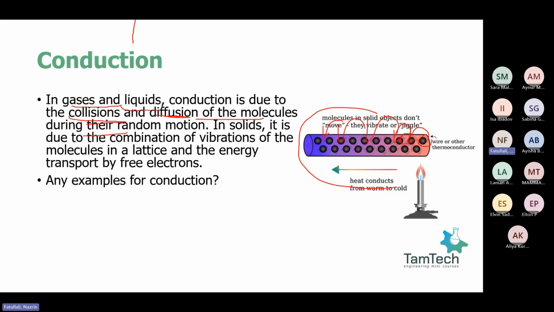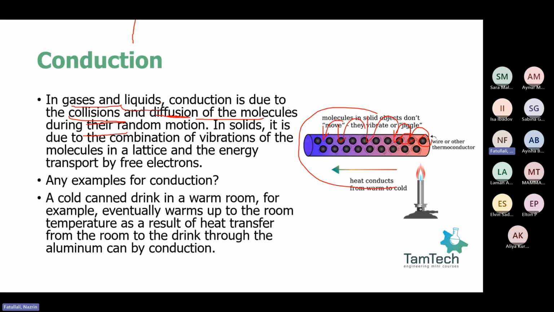As a classic example, I would give a cold canned drink in a warm room. Eventually it warms up, but that heat travels through the aluminum can by conduction. Here the aluminum wall is a medium.